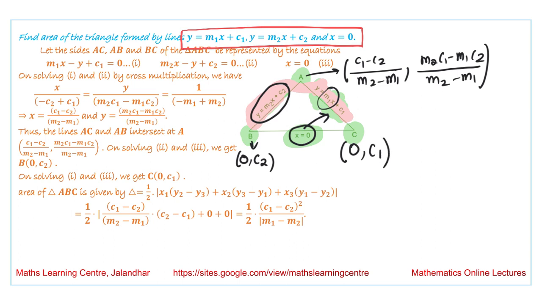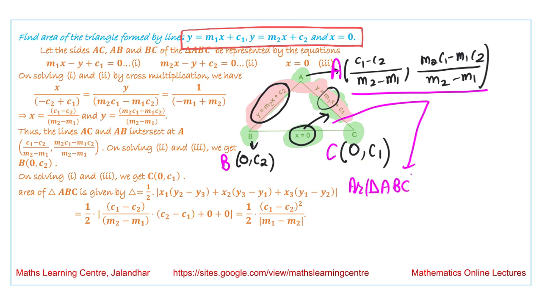So we have obtained the coordinates of the points A, B, and C. So the area of triangle ABC is equal to 1 by 2 mod c1 minus c2 over m2 minus m1 into c2 minus c1 plus 0 plus 0.